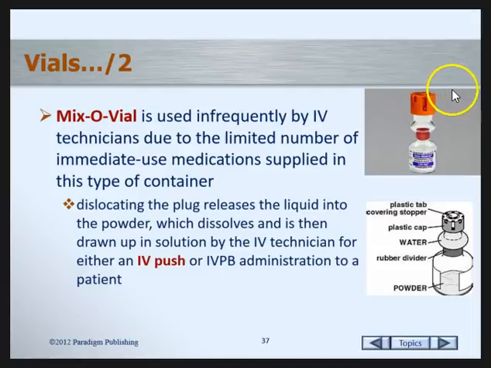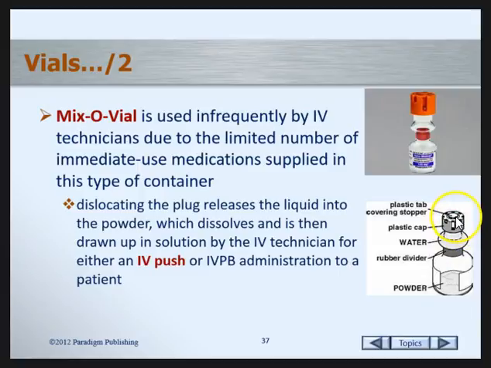We break that disc off, which allows movement of this plastic cap. We push down on that plastic cap, which pushes down on the diaphragm, and that pressure pushes the rubber divider or stopper and allows the liquid contained in the top of the mixo-vial to go into the bottom where the powder is located.